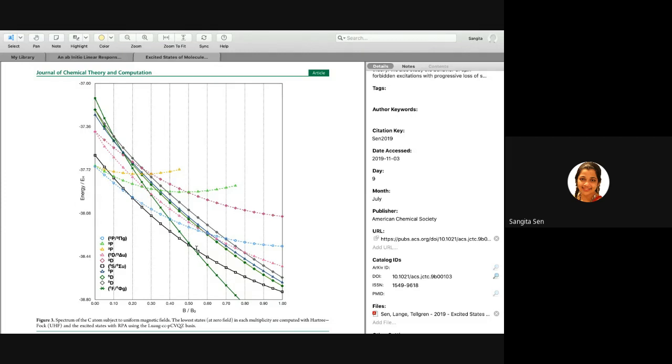Eventually, after about 0.52 or so, this green line becomes the ground state. This green line is the quintet F state. So why is the quintet F state having a higher slope than the black one? That's because the F orbitals also have an angular momentum.